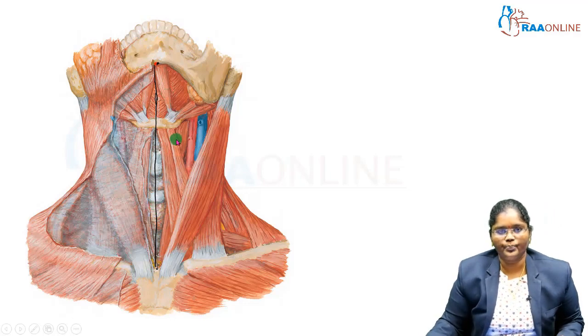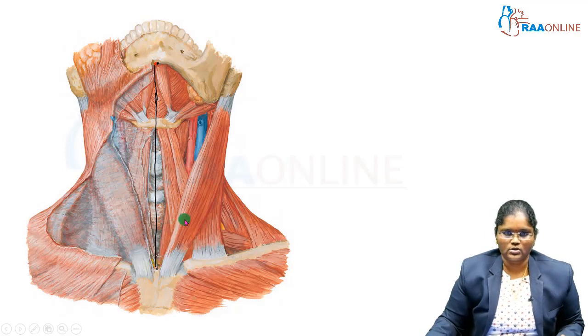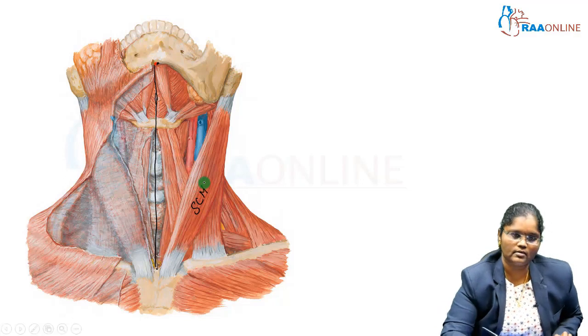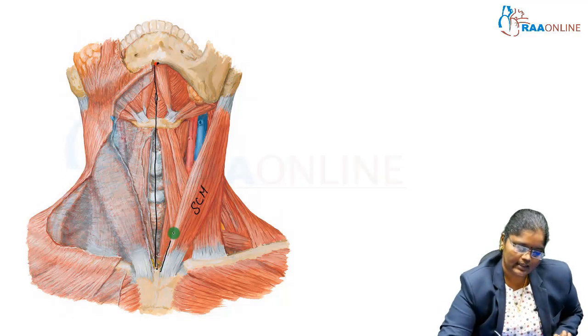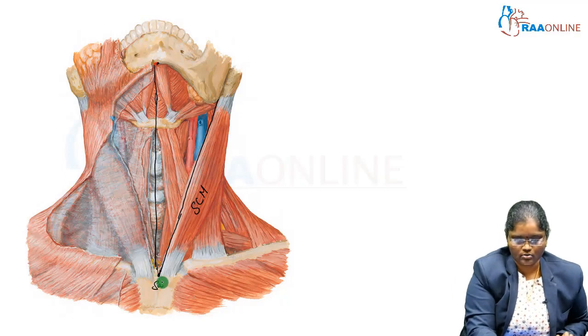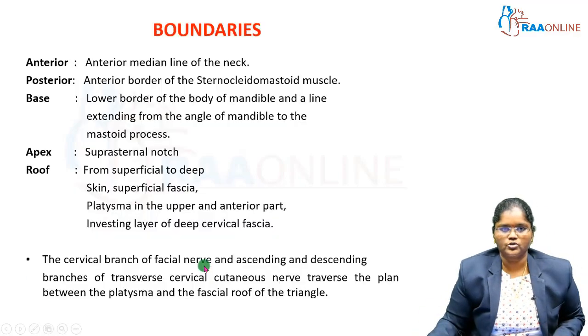Posteriorly it is bounded by the anterior border of the sternocleidomastoid muscle. And the apex is the meeting point, which is the suprasternal notch.